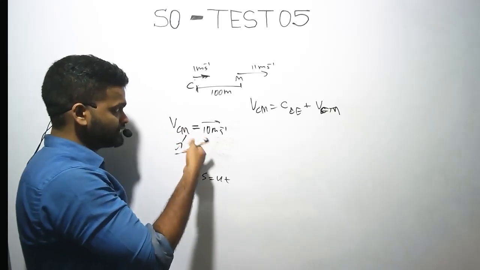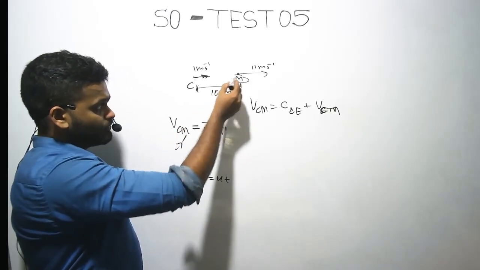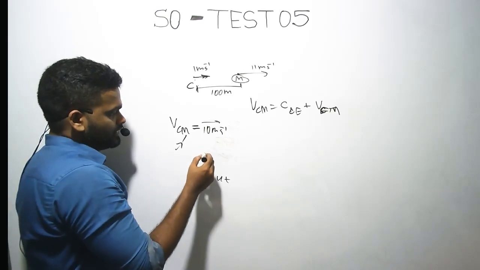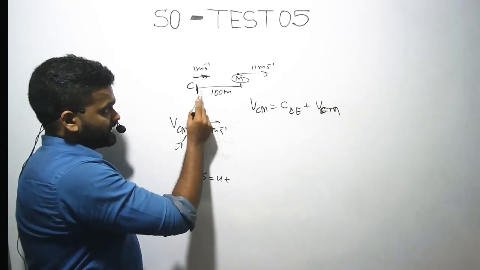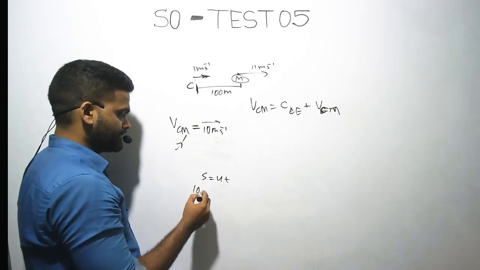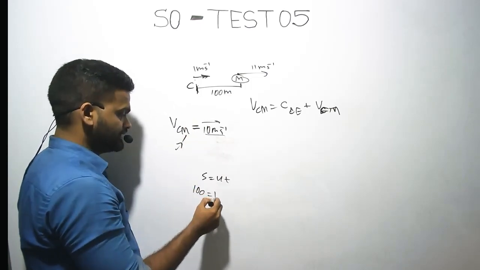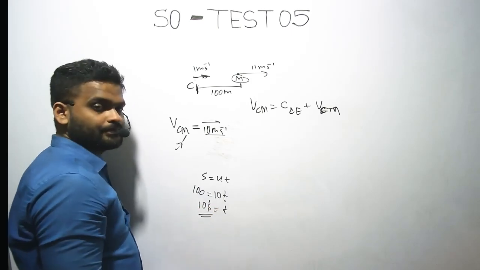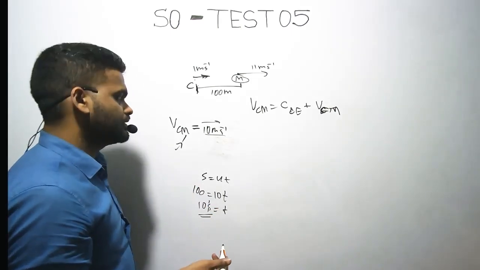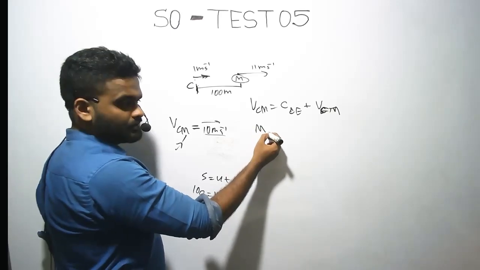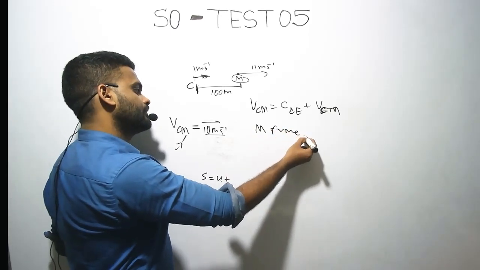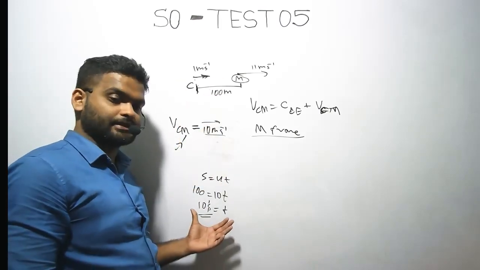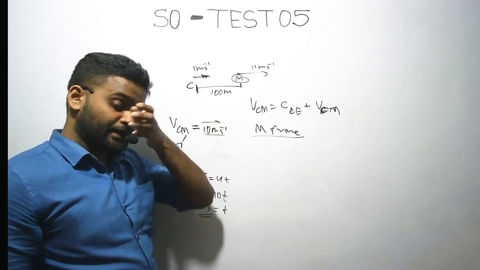So we are doing this question in the frame of the motorcycle. The cyclist has to do 100 meters, velocity 10, so the time is 10 seconds. If you want, you can draw the motorbike's frame. You don't have to think that much, you already got the answer, but this is for further clarification.